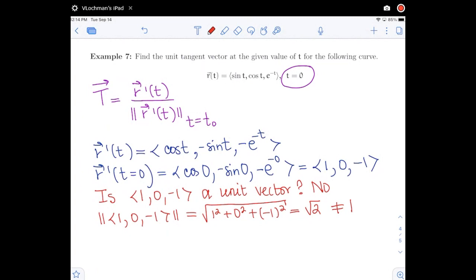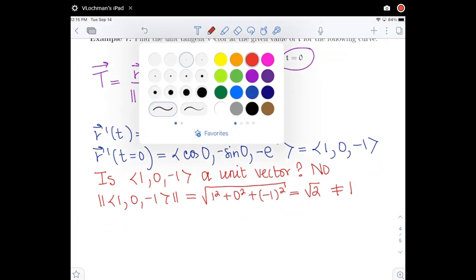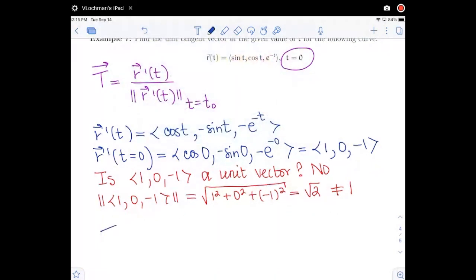So that's our magnitude. That's fine. We can still find our unit vector just by dividing by that square root of 2, right? So our final answer, T, is a vector with which components? We got 1, 0, -1, divided by square root of 2. You can leave it in this form or you can redistribute that.